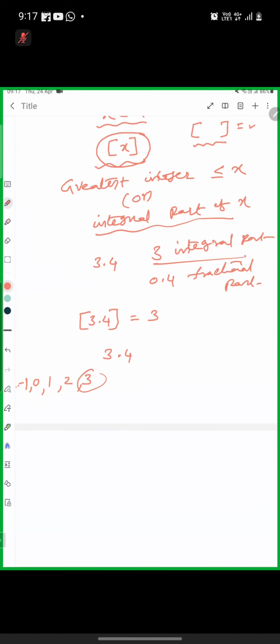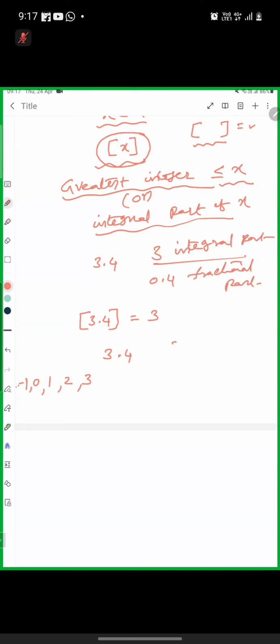So that's why we call it the greatest integer less than or equal to x. First of all, it must be less than or equal to x, and it is the greatest. So that's why the integral part of 3.4 is 3 only.